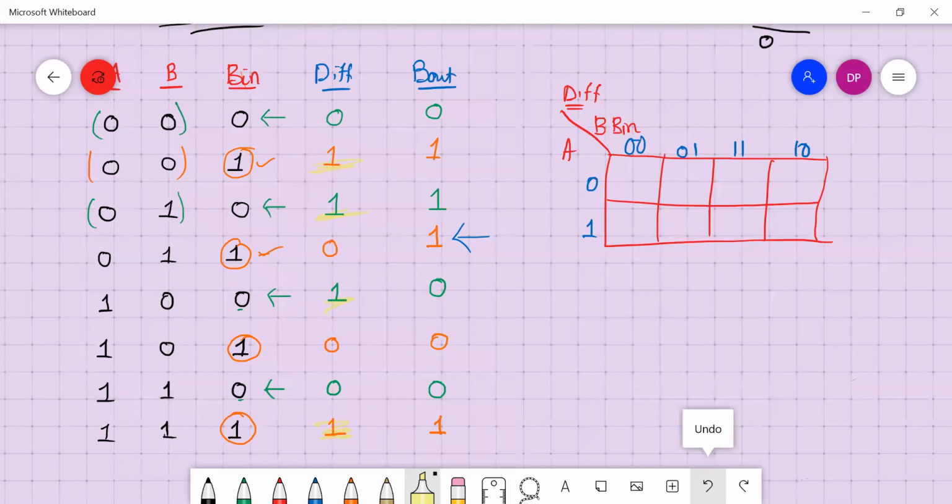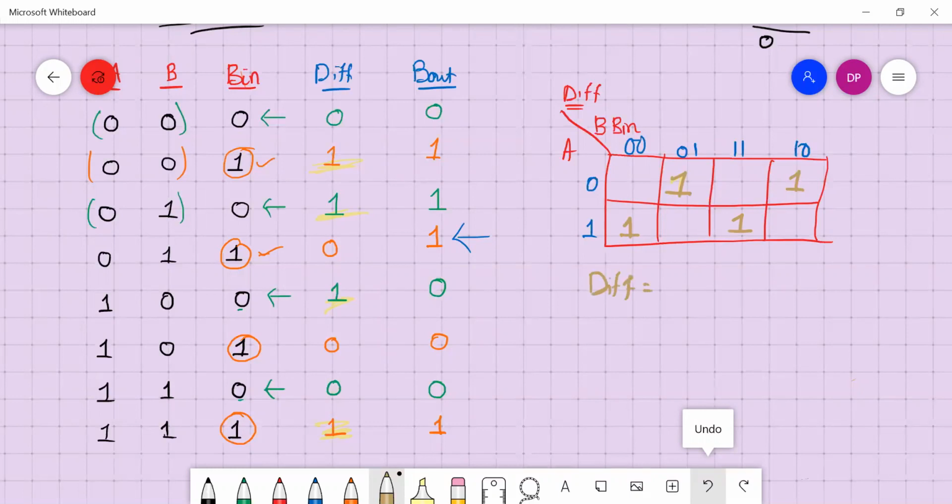So 0, 0, 1. Next, you have 0, 1, 0. Next, you have 1, 0, 0. Next, you have 1, 1, 1. What will be the answer for difference?